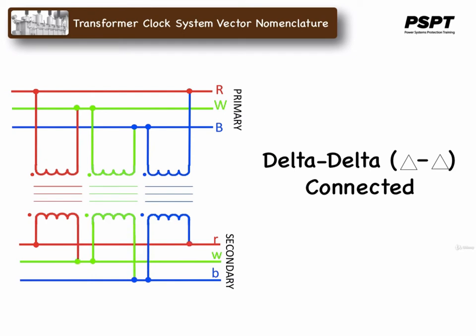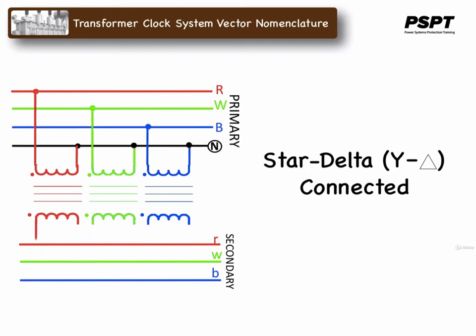Again, we have already looked at this connection, and it too seems fairly straightforward. However, once again, if we reverse the connections of each secondary winding, it would still be delta-delta connected, but certainly the secondary phasors would have to be different. Another example would be the star-delta connected transformer, which we also have studied.